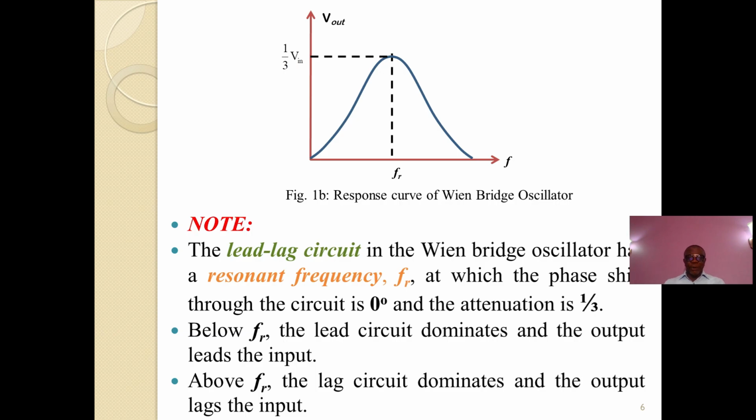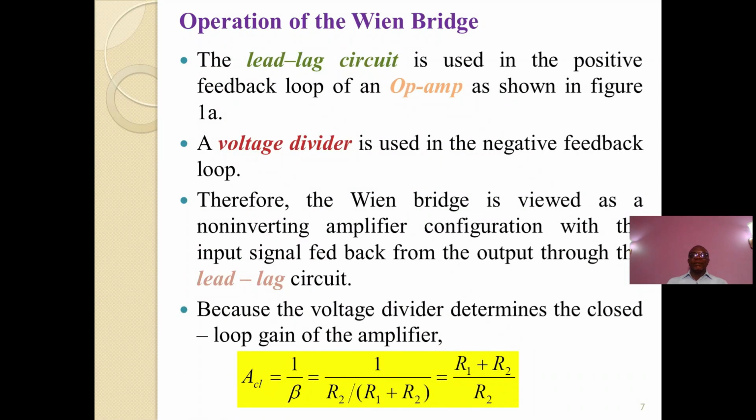Now, below that Fr, that is from Fr to your left, the lead circuit dominates and the output leads the input. So when the output leads the input, you see that the V out will continue to increase. Now, above Fr, that is the resonant frequency, the lag circuit dominates and the output lags the input. So it continues to decrease.